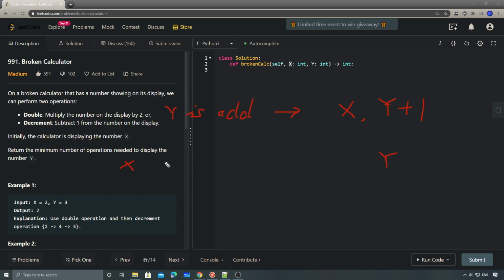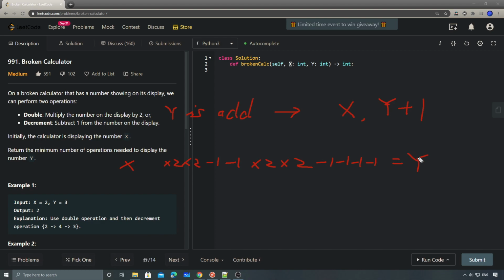It could be multiply by 2, multiply by 2, and then minus 1, multiply by 2, multiply by 2, and then maybe a few minus 1s. And in the end we'll have y. So we are trying to recursively calculate these steps here.